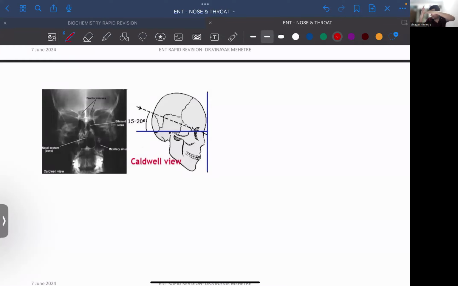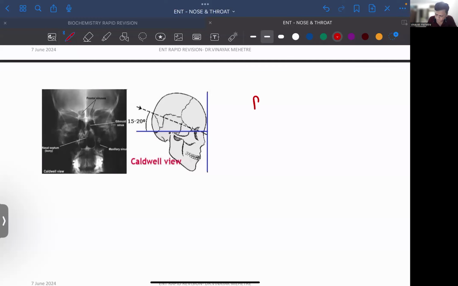So which sinus should be highlighted on the X-ray? The reason being, we are going to tilt it, so the beam will be straight like this. So frontal sinuses are best seen on which view? That is Caldwell view. Okay.